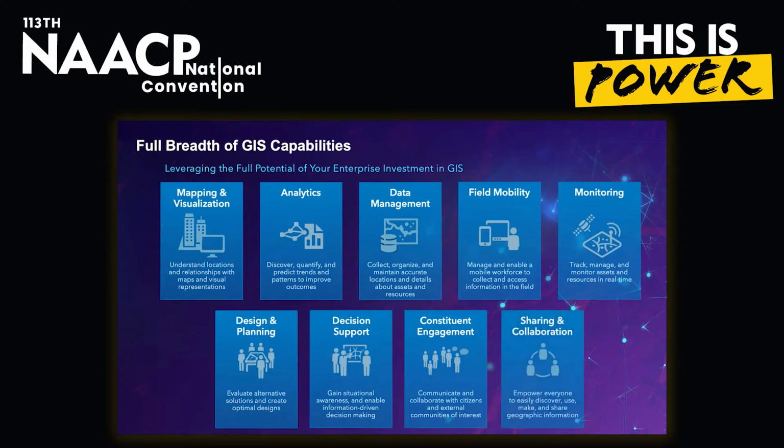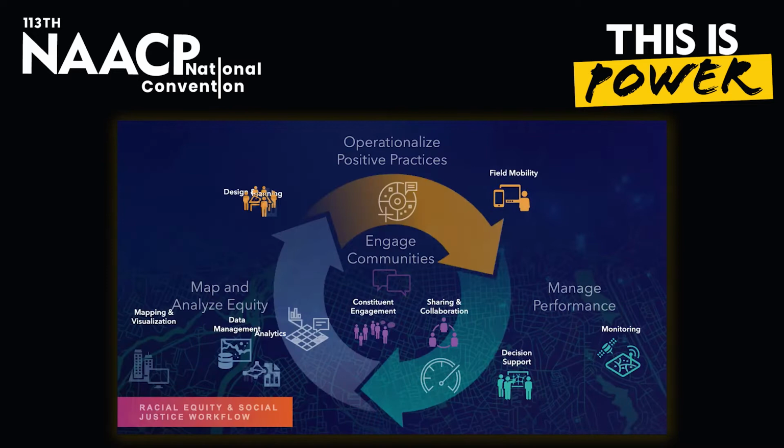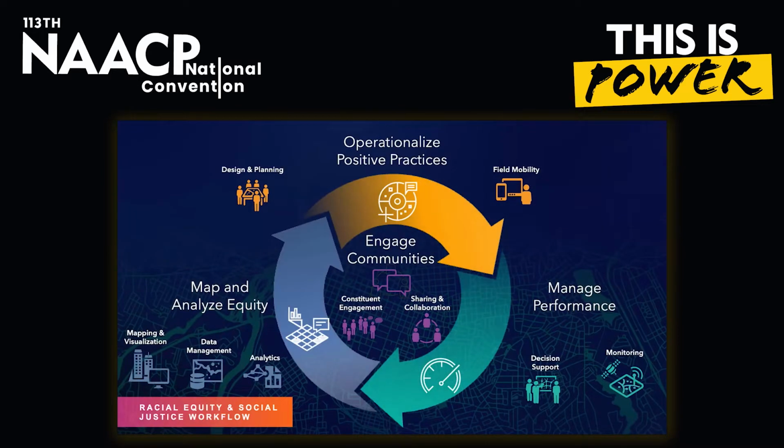Use your GIS for sharing and collaboration. Empower everyone in the NAACP network to discover, use, make, and share maps and other geographic information when and where it matters. And all of these capabilities become available to you as you use a geographic approach to advance racial justice.